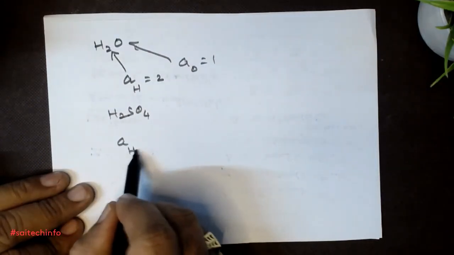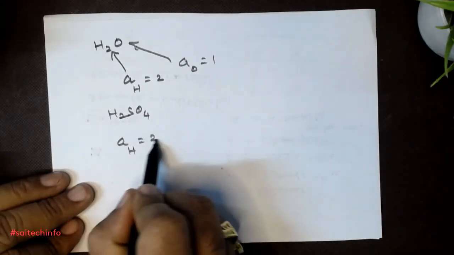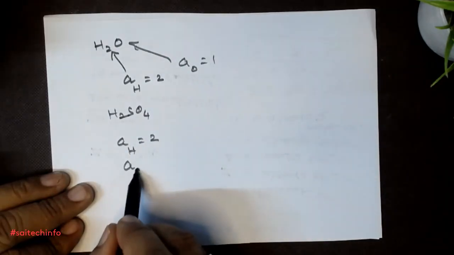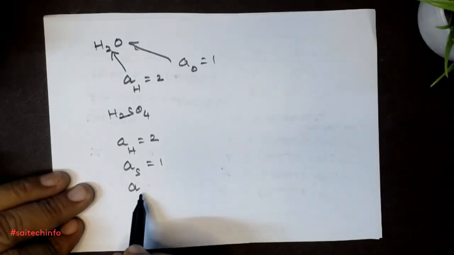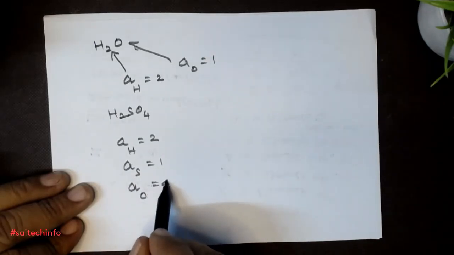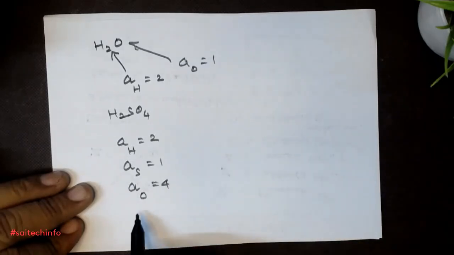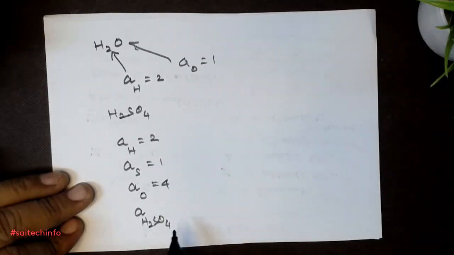Atomicity of hydrogen in sulfuric acid is 2. Atomicity of sulfur is 1. Atomicity of oxygen is 4 in sulfuric acid. When you are asked what is the atomicity of sulfuric acid, you have to add everything. So 2 plus 1, 3 plus 4, 7. Are you able to follow?